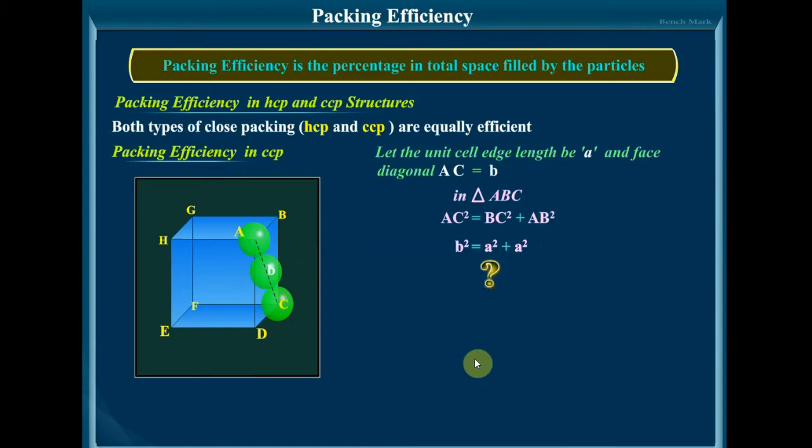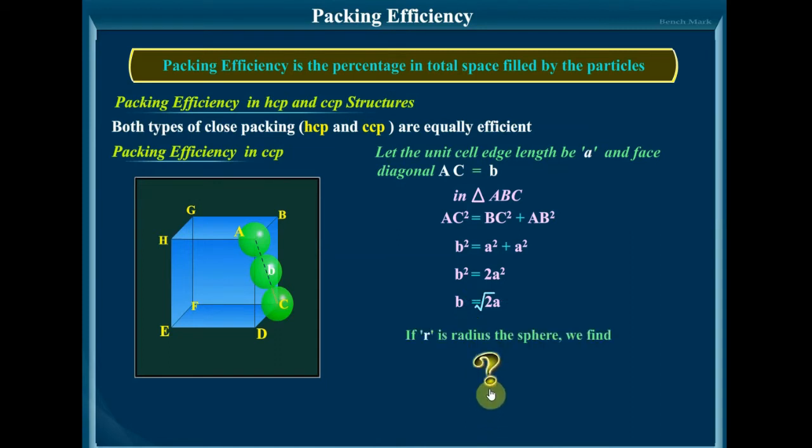Similarly, AB square, that is also the edge length A, so it is A square. Or B square is equal to A square plus A square, which is equal to 2A square. So B is equal to root 2 A.